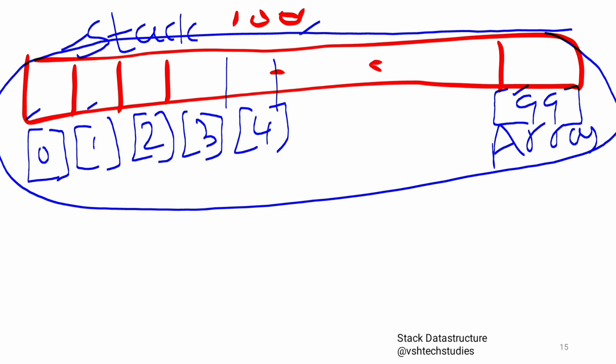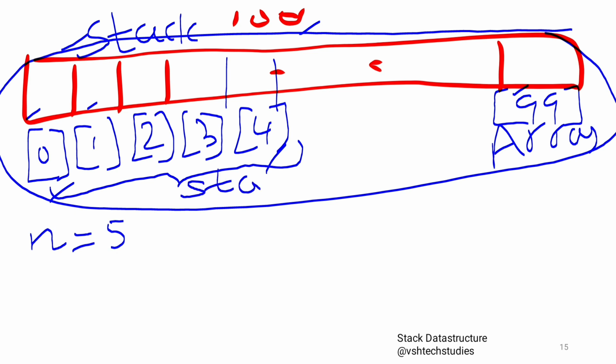But we are going to declare another variable n and read it as 5. So from index 0 to 4 we are going to consider, and that will be our defined stack. So reserved is 100, but out of that, for our work now, we are using only 5 memory locations.